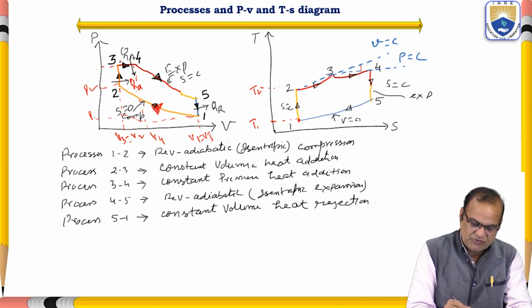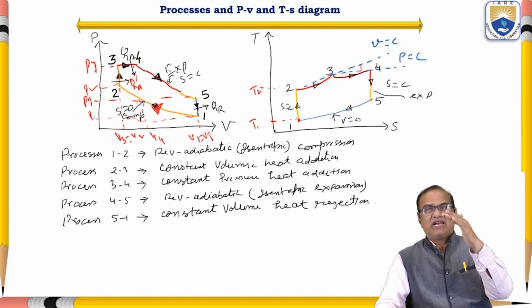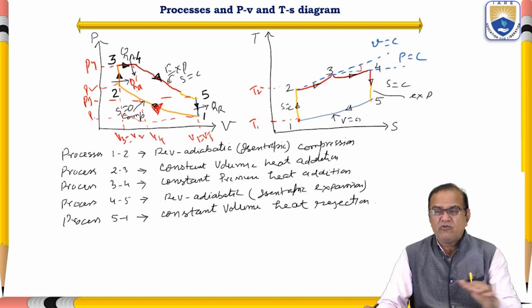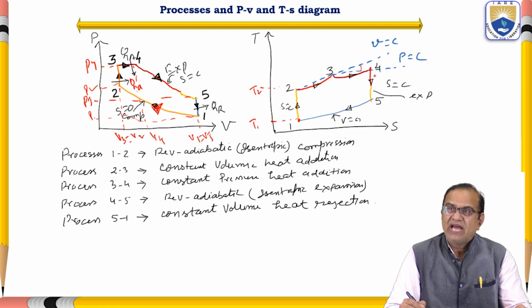Here, pressure is P4 and now pressure is P5. So the pressure is decreased from P4 to P5 and temperature is decreased from T4 to T5. I have shown this in different colors. So at 4 you have high temperature and high pressure. At 5 you have less than at 4, and from 5 to 1 heat is rejected.